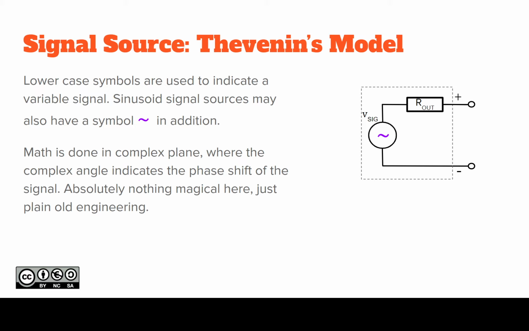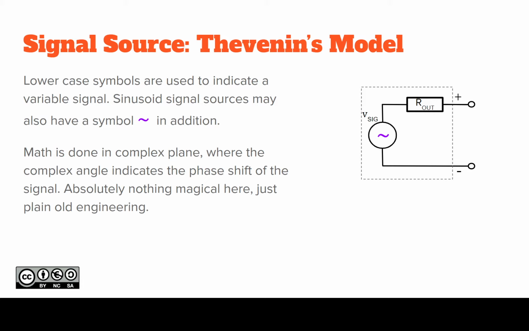And if there is a signal source, usually the signal source has this kind of wave symbol inside of it. So that's basically a tilde character, which is showing a wave. So it's a wave source. Pretty simple.